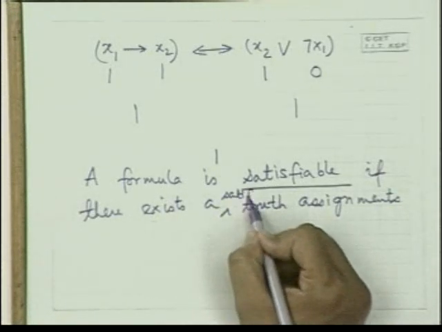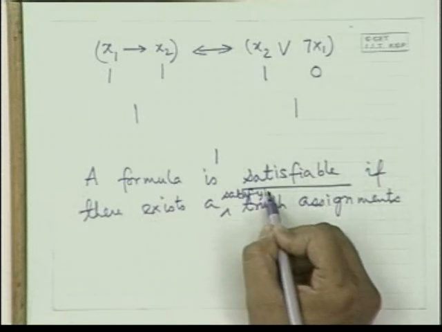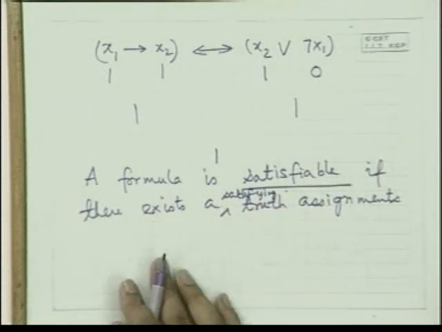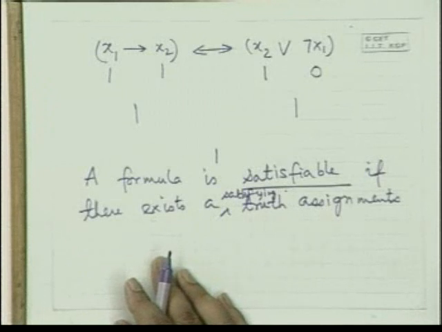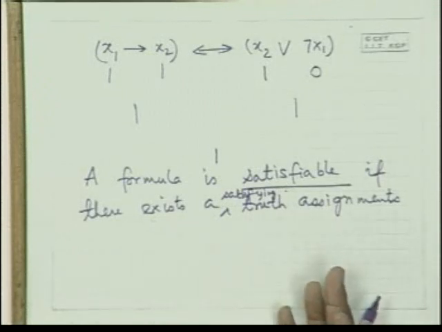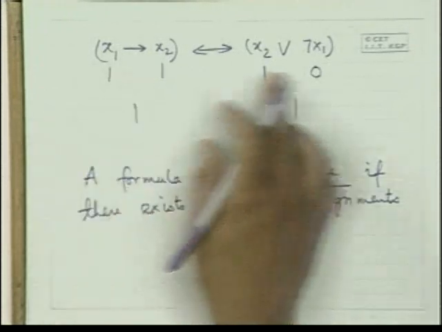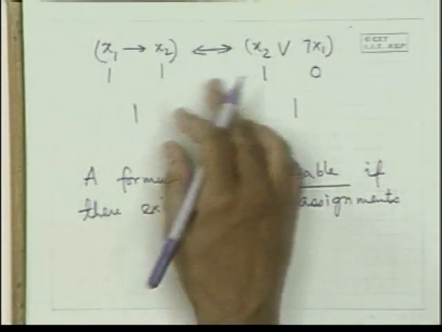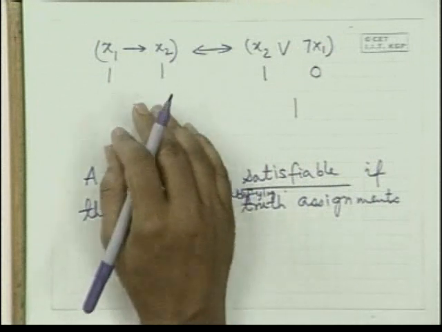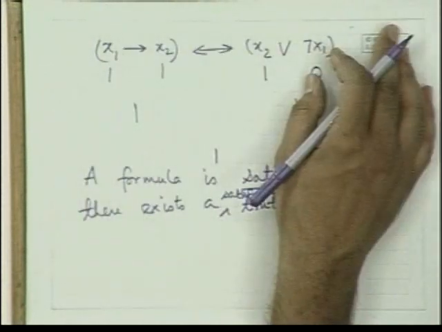I have already defined what is satisfying. So a formula basically is a satisfiable formula if there exists an assignment which can satisfy it. Like this formula is a satisfiable formula because there exists one assignment for which it evaluates to true.